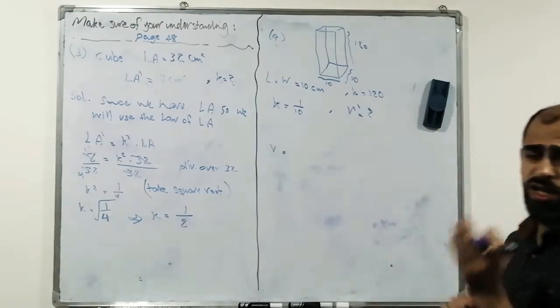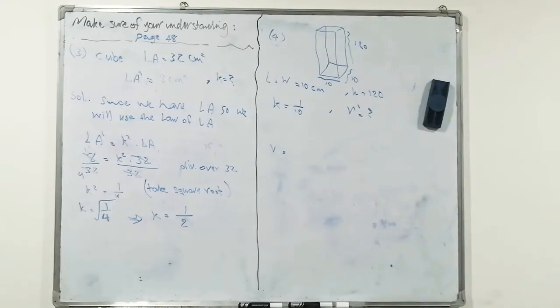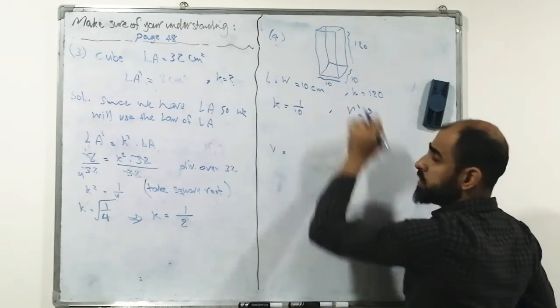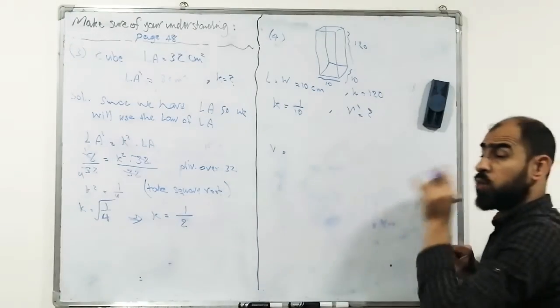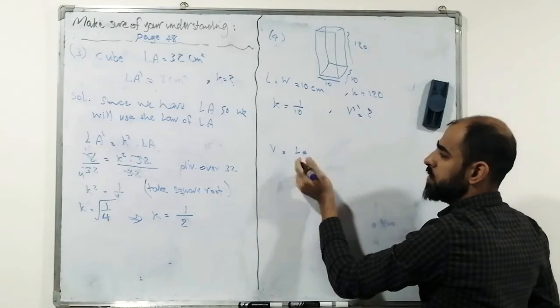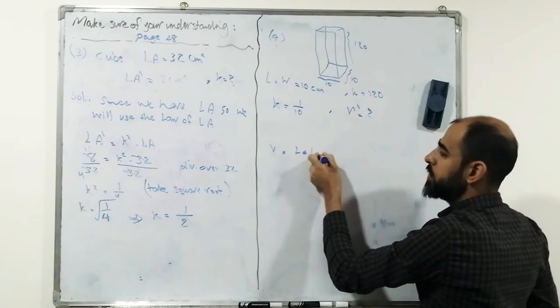حتى نجد حجم أي شكل بعد التمدد لازم نجد حجم الشكل الأصلي. Since the shape is a parallelepiped with square base, that meaning length equal width, and L by L by height.